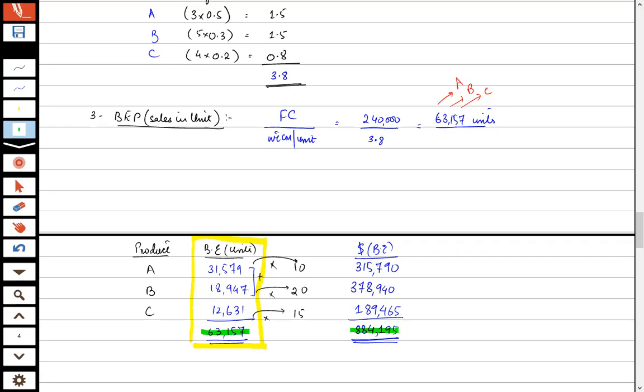Okay. Now we will check whether this calculation is correct or not. We will prepare an income statement type of statement which will show our different sales revenues and costs in terms of CM and fixed costs, and our net profit should be zero.